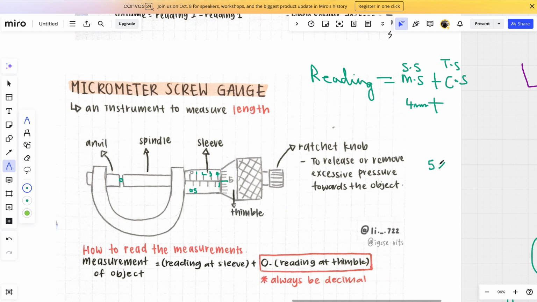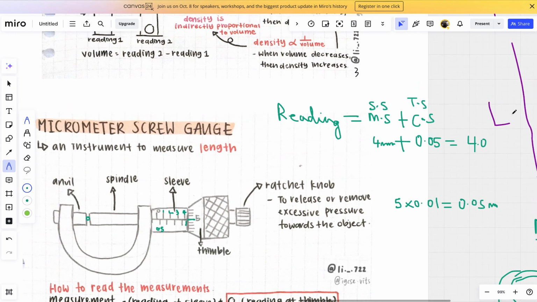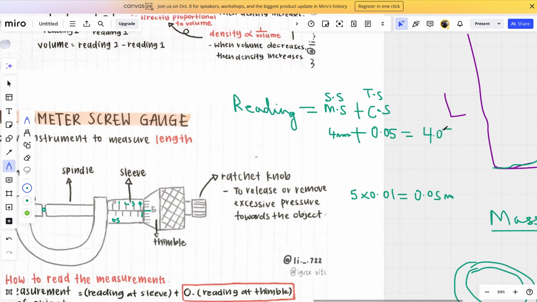You don't just write 5 millimeter. Multiplying by 0.01 gives you 0.05 millimeter. You add that 0.05 here, so you get 4.05 millimeter. So your reading will be 4.05 millimeter.